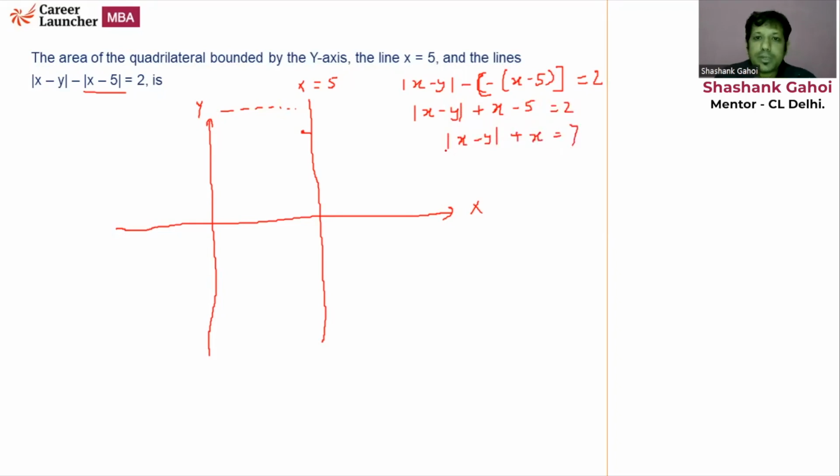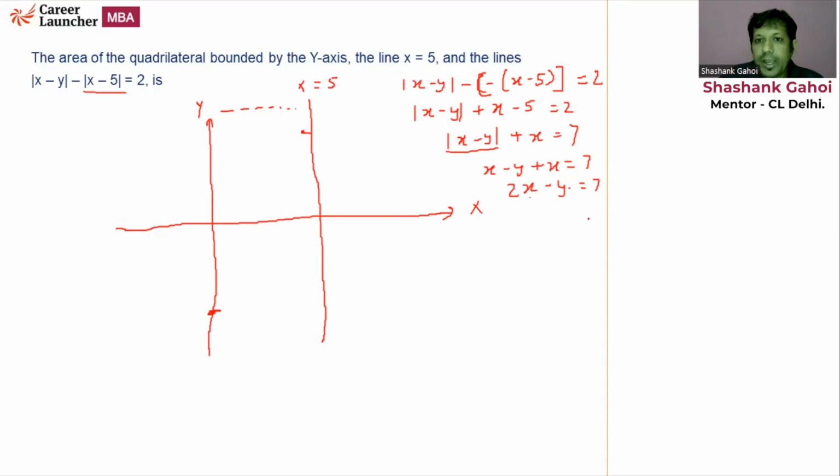Now there are two possibilities. X can be greater than y, x can be smaller than y. So if x is greater than y, I'm going to get x minus y plus x equal to 7. So 2x minus y is equal to 7. Okay. So if x is 0, then y is going to be minus 7. I'm going to get a point over here. Okay.